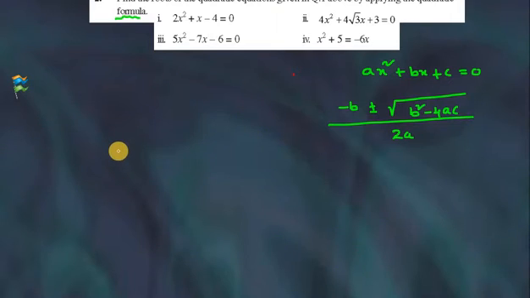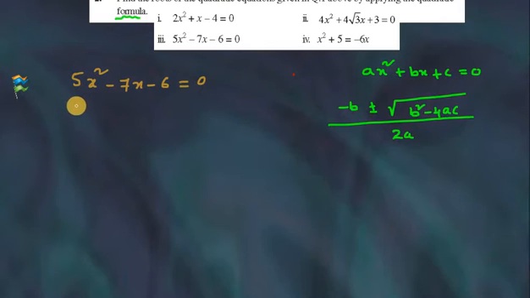Now we'll move on to question number 3. So what is question number 3? 5x square minus 7x minus 6 is equal to 0.